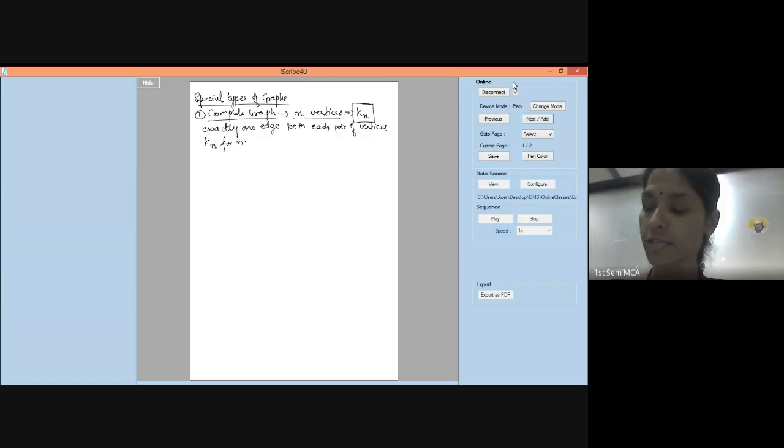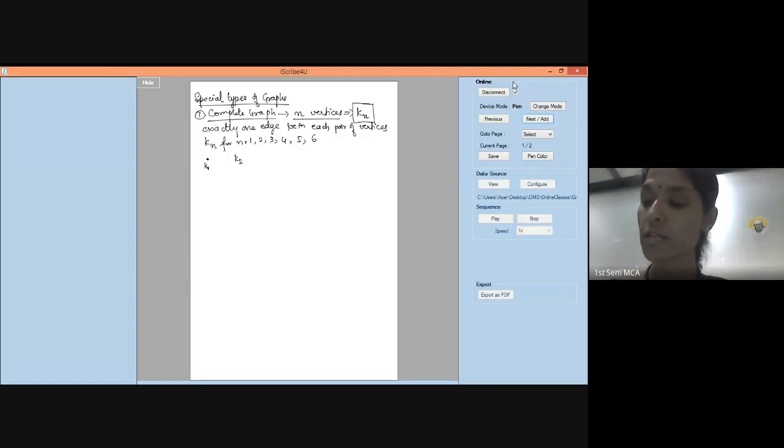Let us say n is equal to 1, 2, 3, 4, 5, 6. Then how does my complete graph look like? For n equal to 1, this is your K1. There is no edge at all, just one point, nothing else. Now let us look at K2.